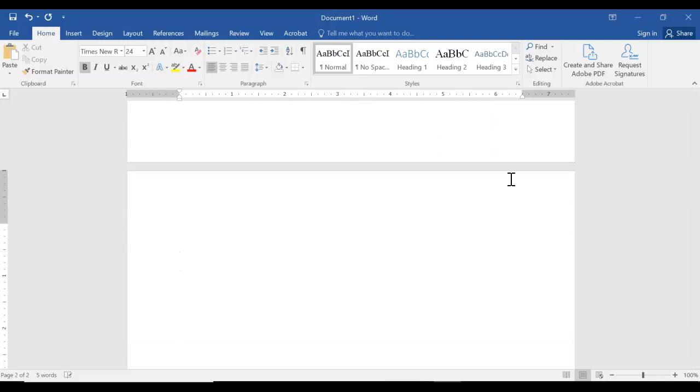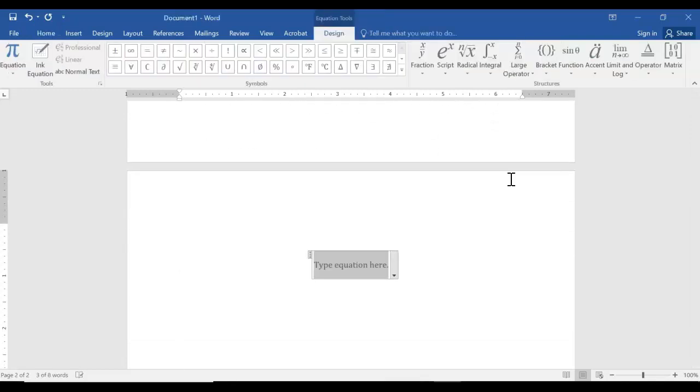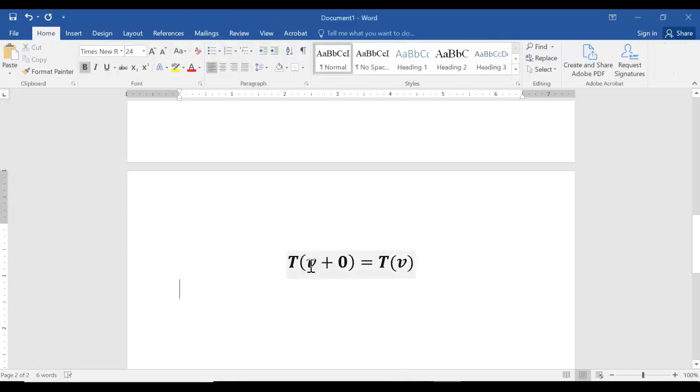Let me write it more generally. Because of that property, if you add the 0 vector to any vector v, you're going to get out the vector v. Okay?